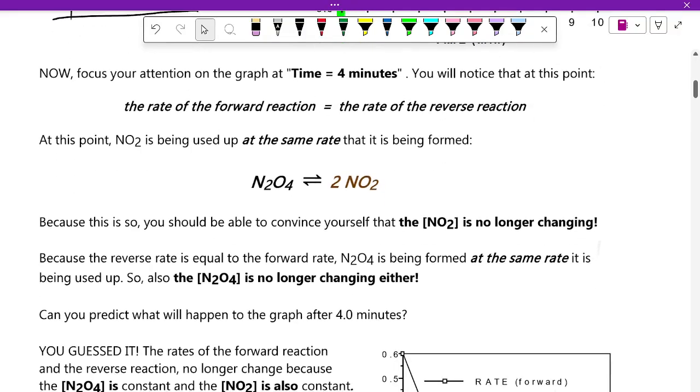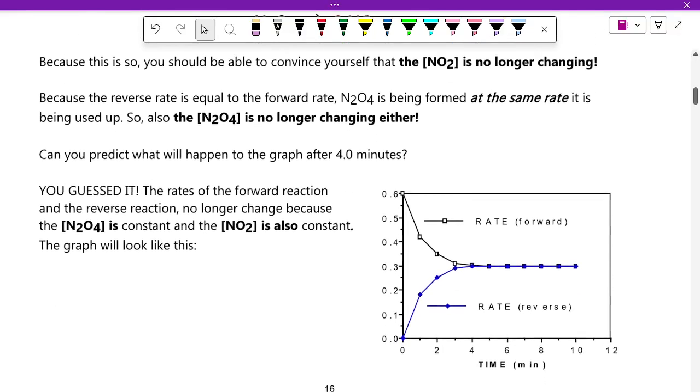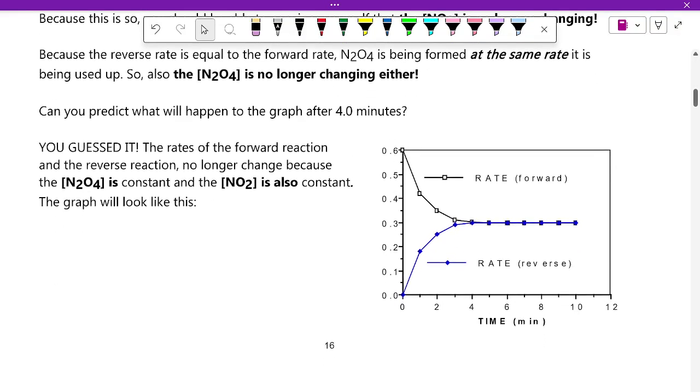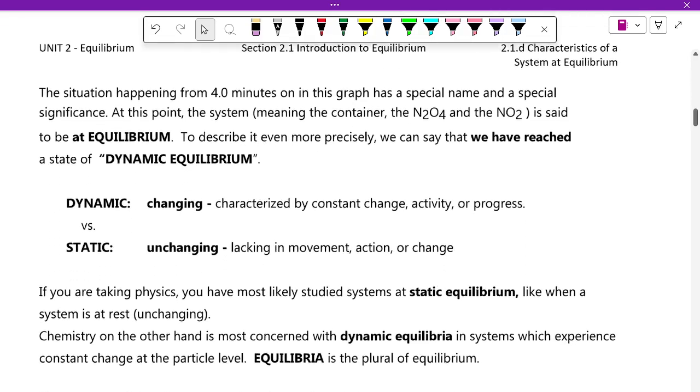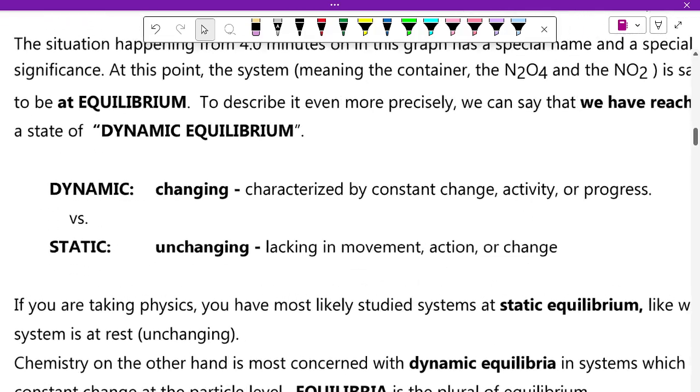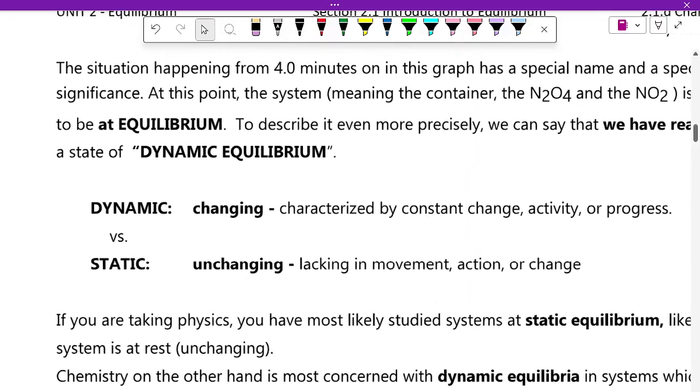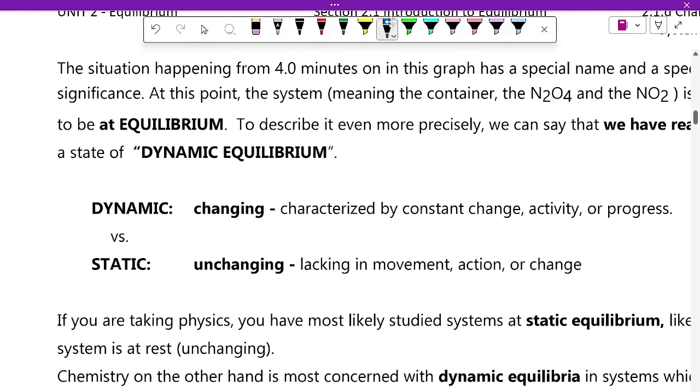Now, there's a lot of text here, so we're just going to move on past that. Ooh, here's a good question. Dynamic, this is on our next page. Dynamic means changing. What is changing in a dynamic equilibrium?